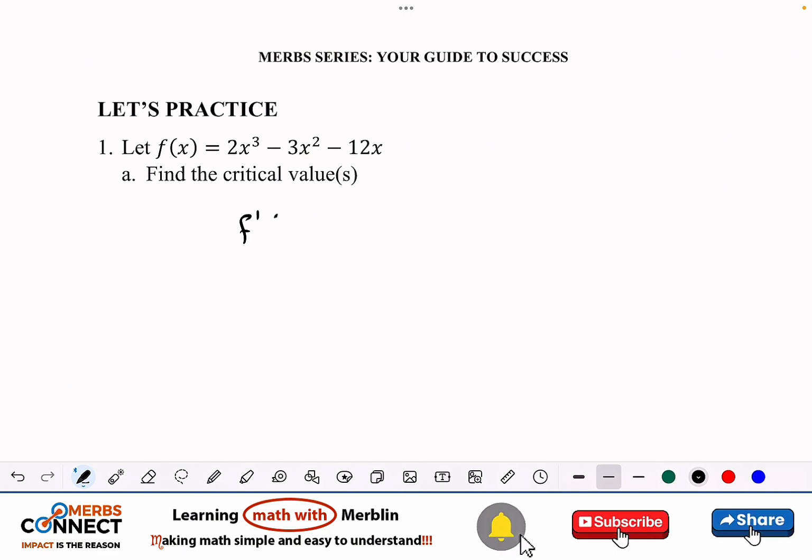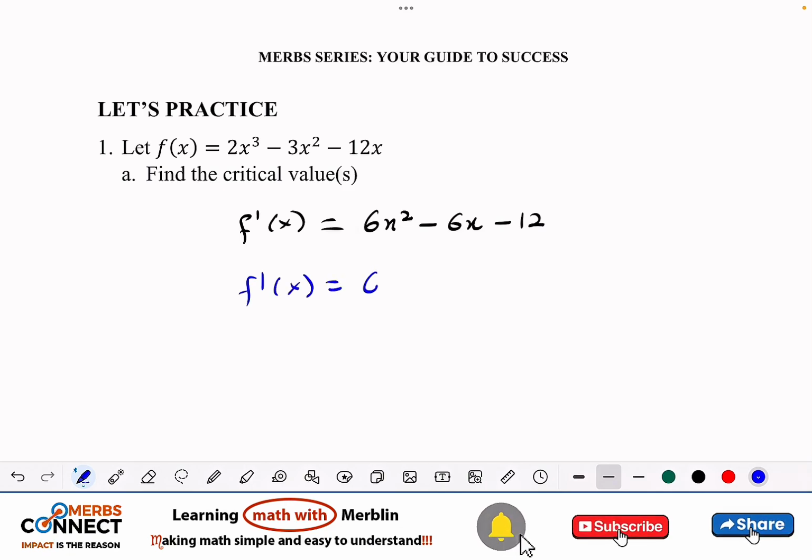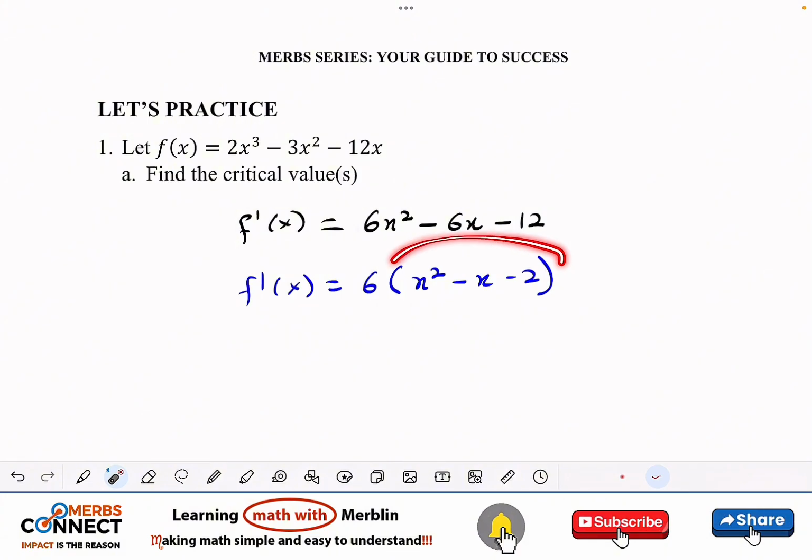What is f prime? Using the idea that we are differentiating, this is going to give us 6x squared minus 6x minus 12. So this is what you are going to get for the first derivative. Let's try and simplify this. f prime is equal to, here I can factor 6 out and I have x squared minus x minus 2. Then let's see if we can do the factorization here.